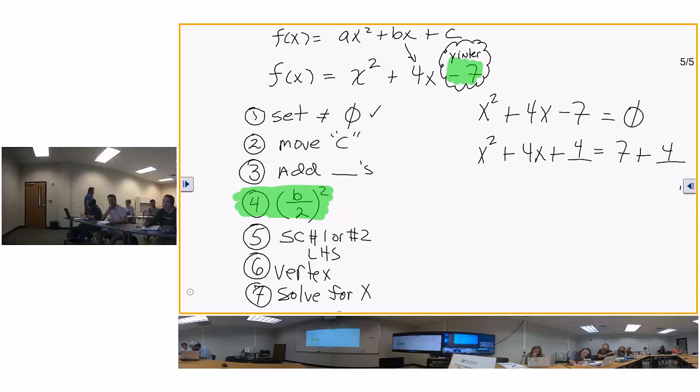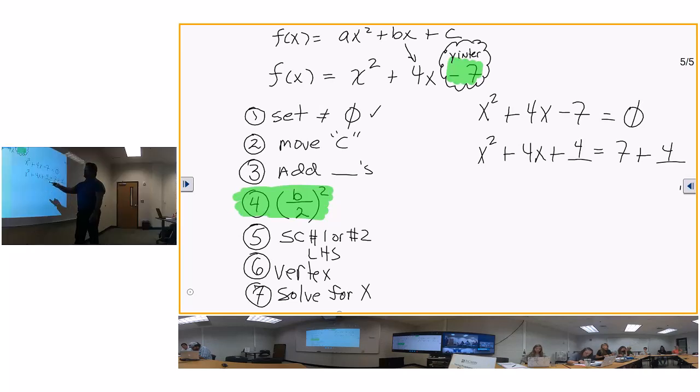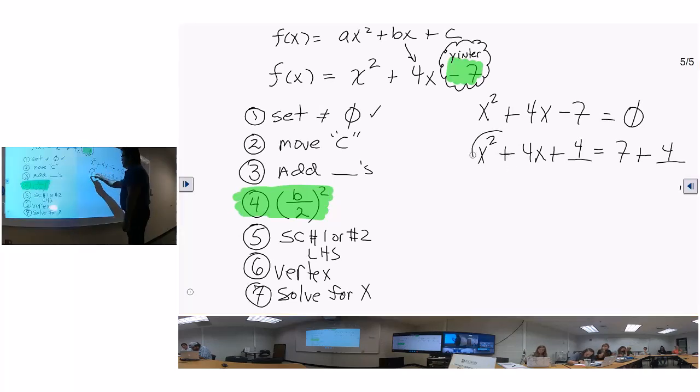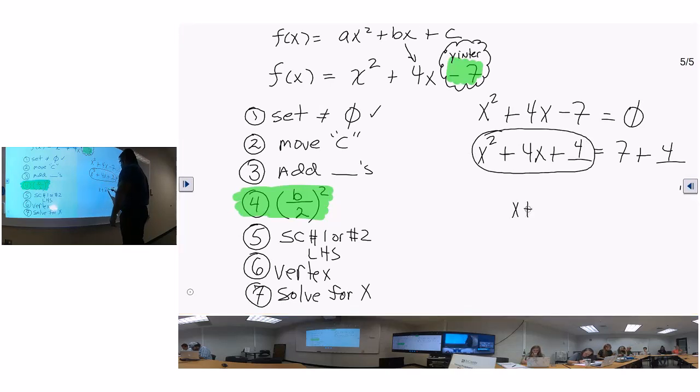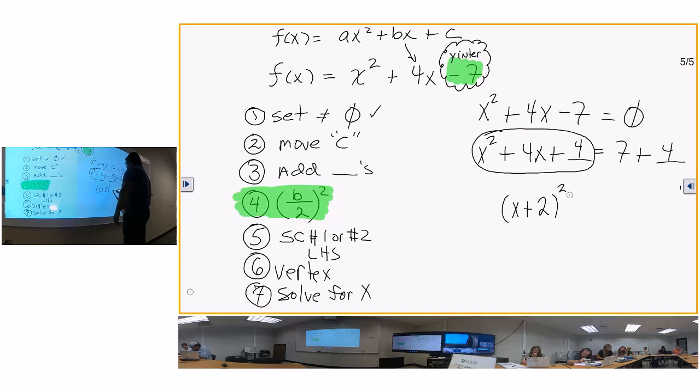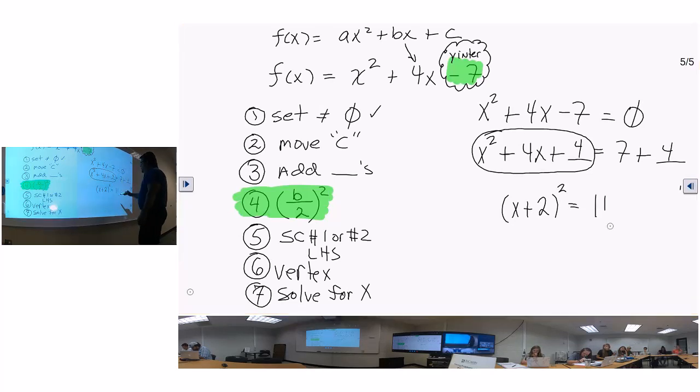Next, after you do that, what's on the left-hand side? Shortcut number, in this case, number 1, because it's got plus symbols. That one right here is plus, so that's shortcut number 1. Shortcut number 1 gives us x plus 2, quantity squared, is equal to 11.